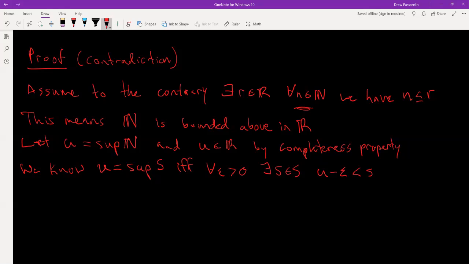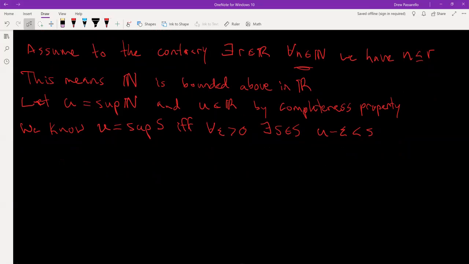That's just based on what we talked about earlier. So if that's the case, to make things easier, since this has to hold for every epsilon, I'm going to pick epsilon to equal 1.